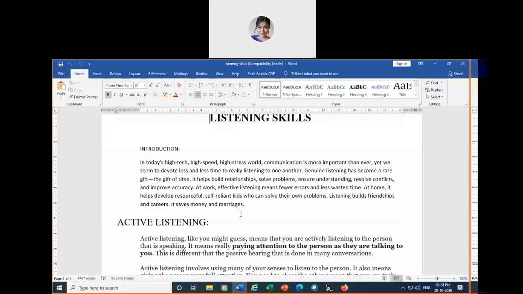When you listen to the speaker properly, it has a lot of benefits.